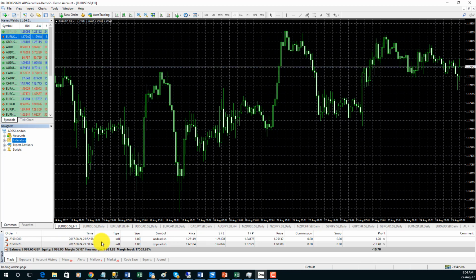Okay, this is server time, the type, whether it's a sell or a buy, the size, how big, how many you purchased, the symbol, the price that you placed. I placed that one manually at that price, and what my stop loss and take profit figures are.